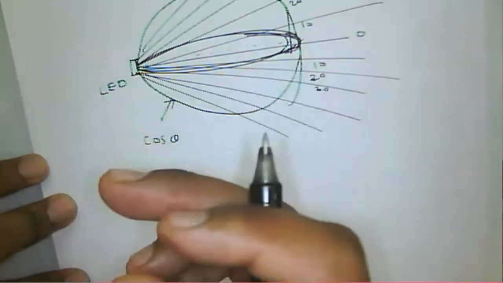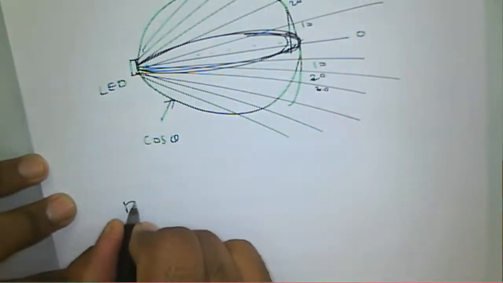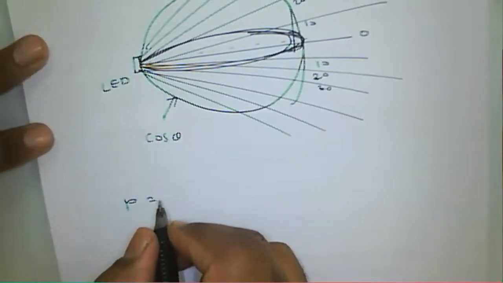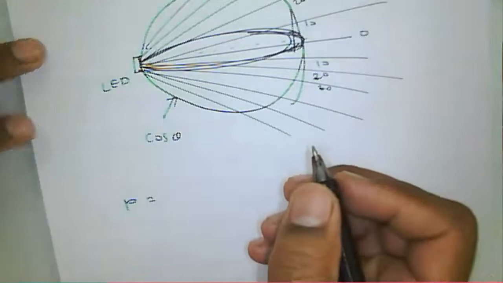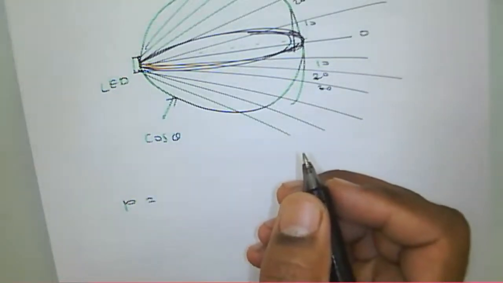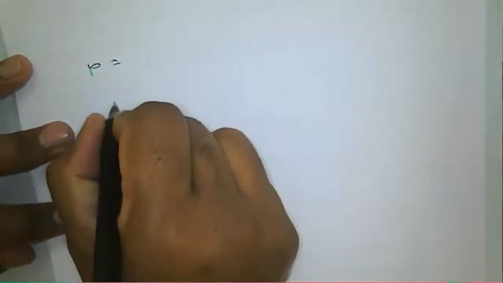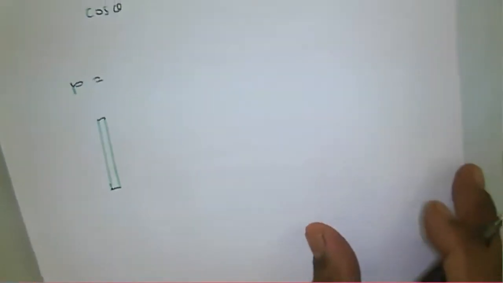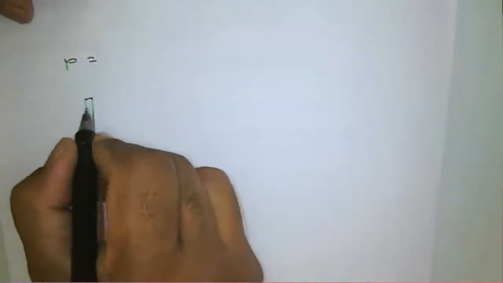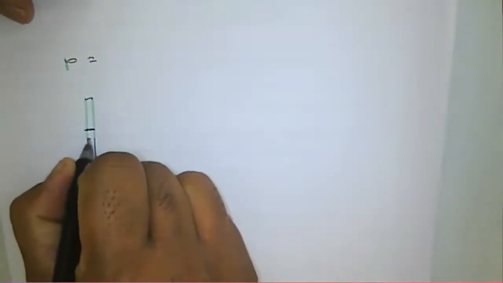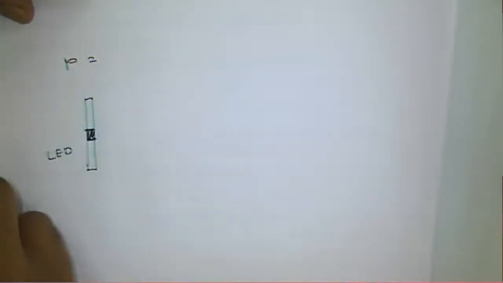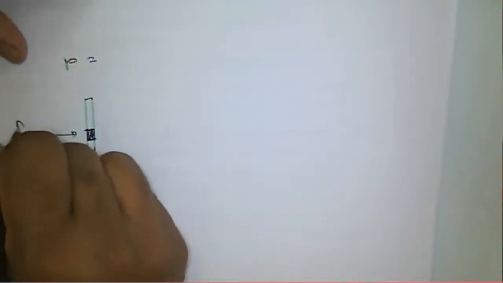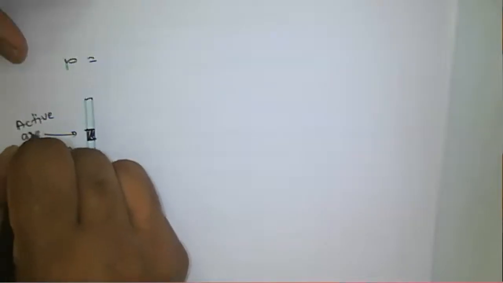So if we consider power coupled into an optical fiber from a source, we say that this is a light emitting diode, or the active area of a light emitting diode.